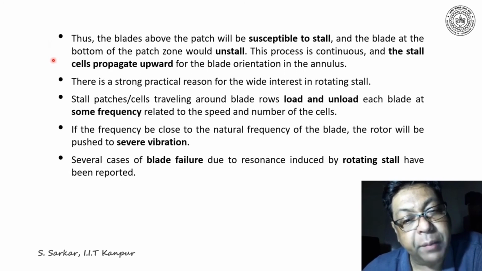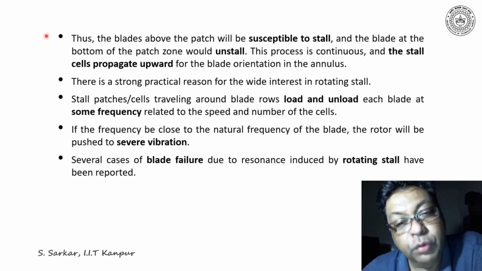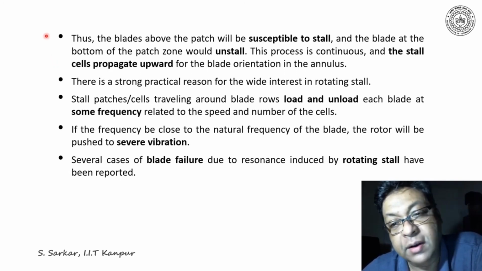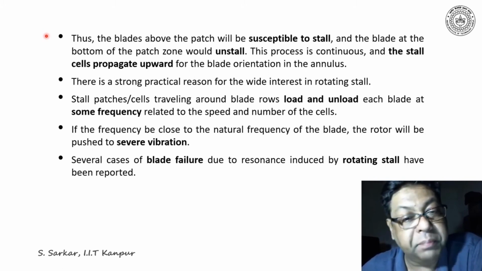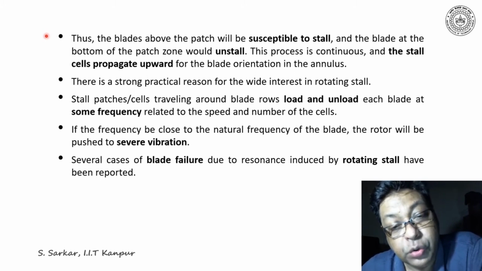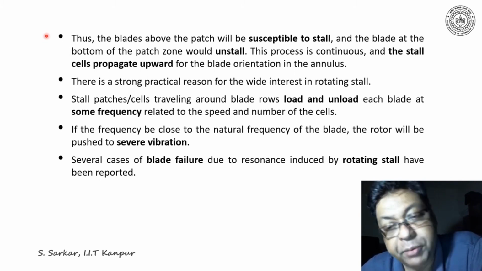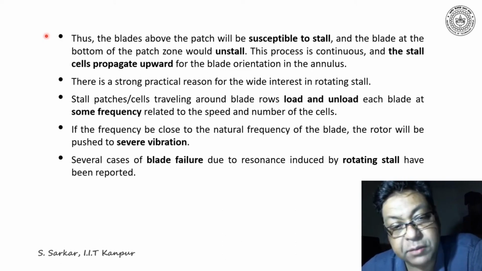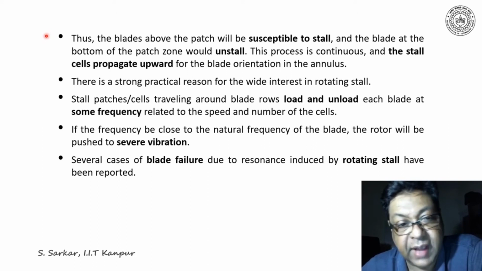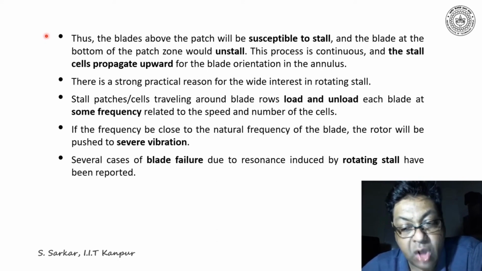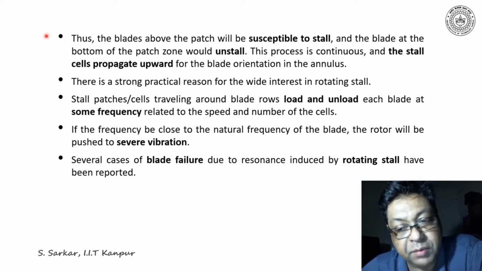Thus, the blades above the patch will be susceptible to stall, and the blades at the bottom of the patch would unstall. The process is continuous, and thereby the stall cells propagate upward along the blade orientation in the annulus. It has been observed that the speed of propagation of stall cells is about half of the blade speed.